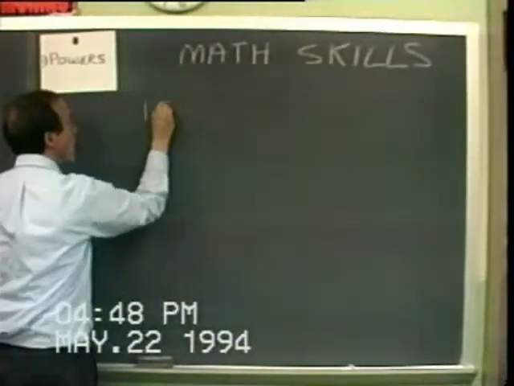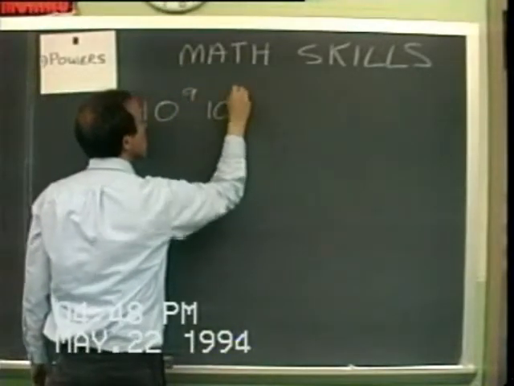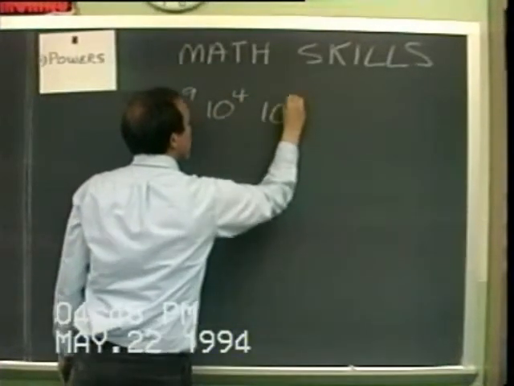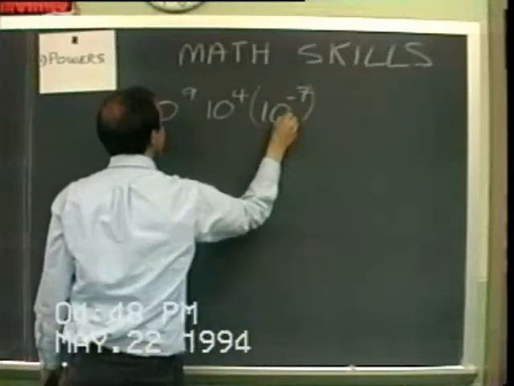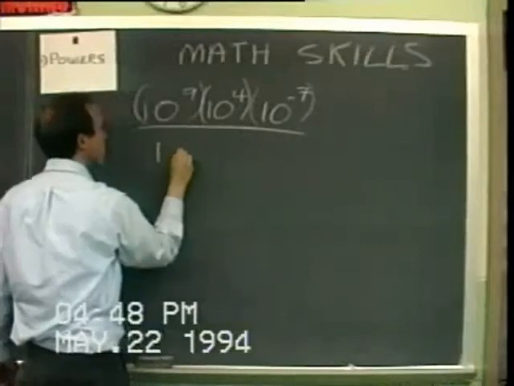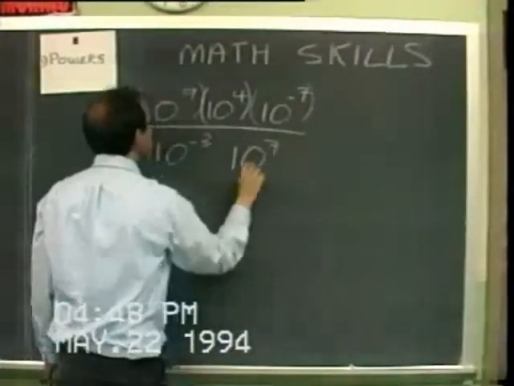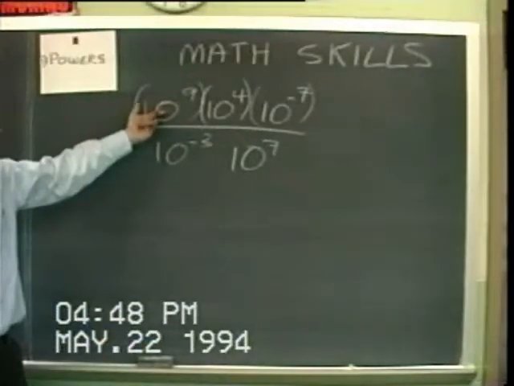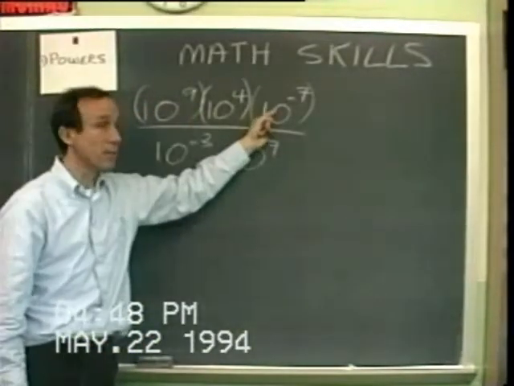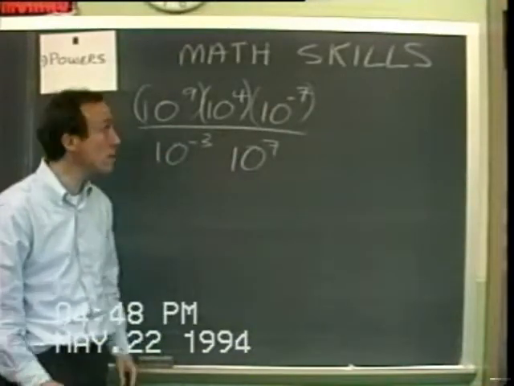Suppose you're asked to evaluate the fraction 10 to the 9th times 10 to the 4th times 10 to the minus 7th divided by the product 10 to the minus 3 times 10 to the 7th.